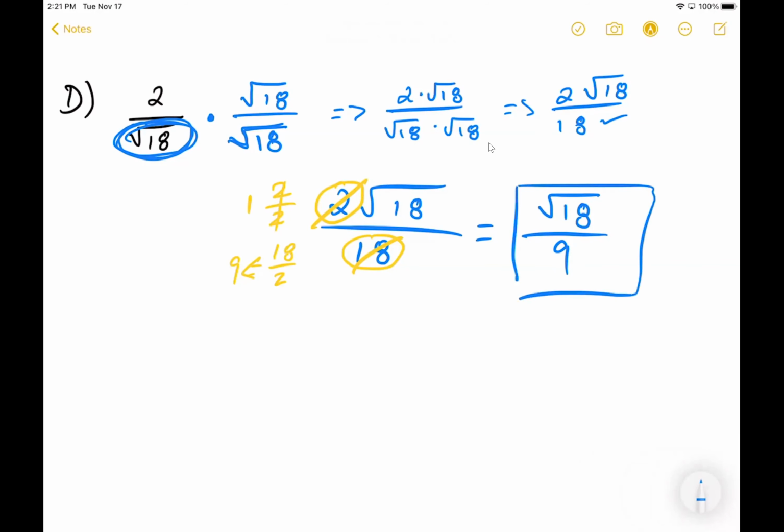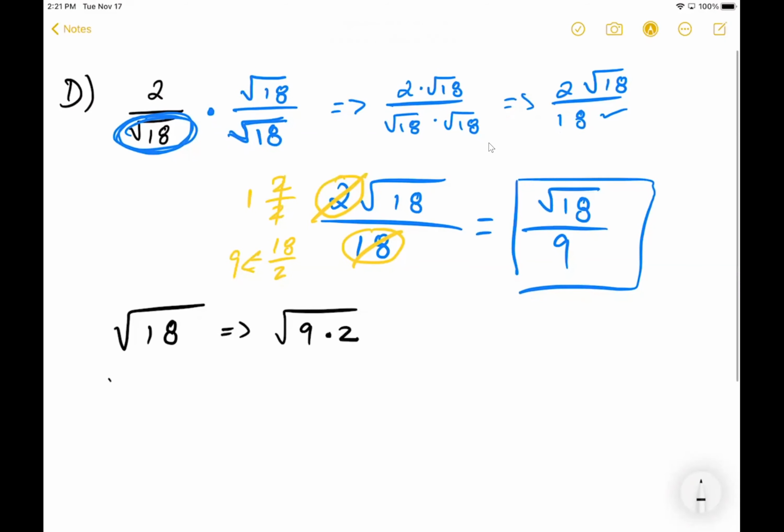All right, you say, okay, this is my answer, but not yet, right? Hold on a minute. You say, what else, Mr. Trent? Because if you look at this item right here, ladies and gentlemen, if you take a square root of 18, do you agree that a square root of 18 is the same as 9 times 2? Why 9 times 2?